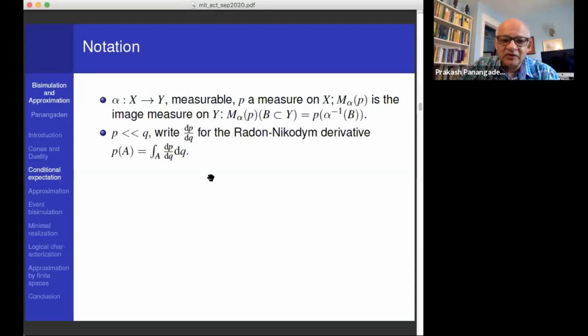So it looks like I'm doing differential calculus with respect to measures, but it's not really the case. This is just an almost everywhere unique measurable function such that if I compute the integral of that function with respect to Q over a set A, I'll get exactly the P measure of that set. So it's a way of relating measures. Okay, that's just notation.